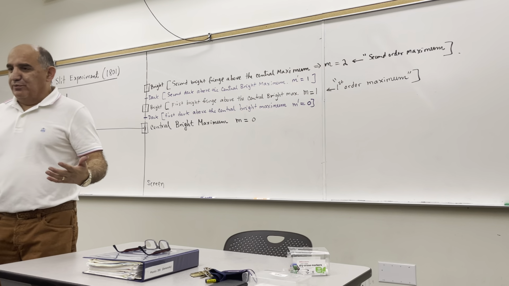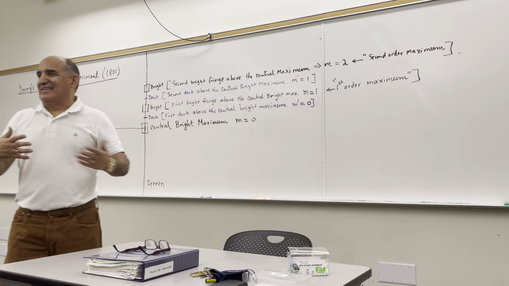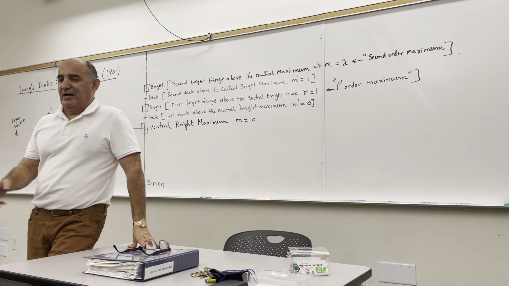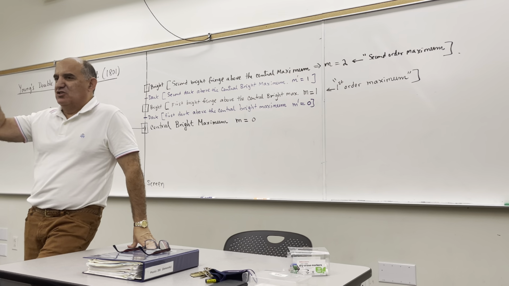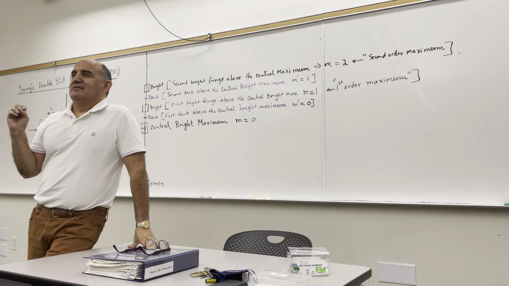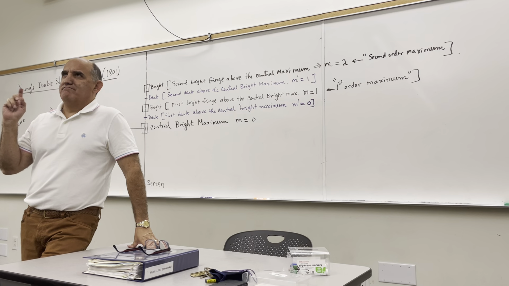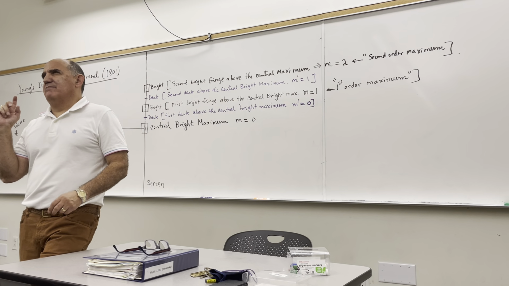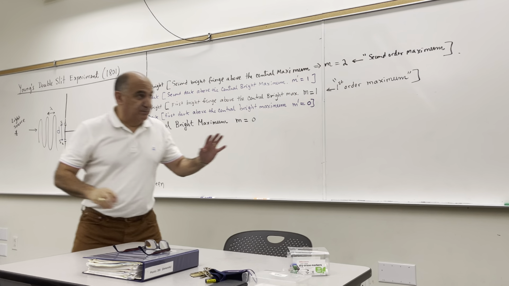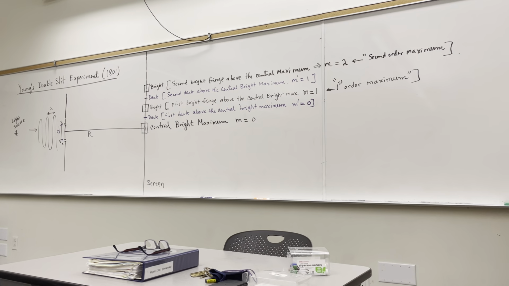You're reading a homework, quiz, or test problem, and they ask you something about the second order maximum. Second order maximum, that means it's a maximum, so you want to use the equation having to do with bright spots, right? So second order, that means M equals 2.